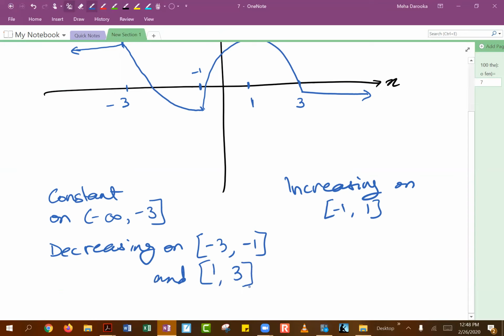That was from our graph. OneNote has been acting a little weird today, so it's not letting me write everything I want to write. And what's the last interval and what's happening on that? Constant. It is constant. Very good.